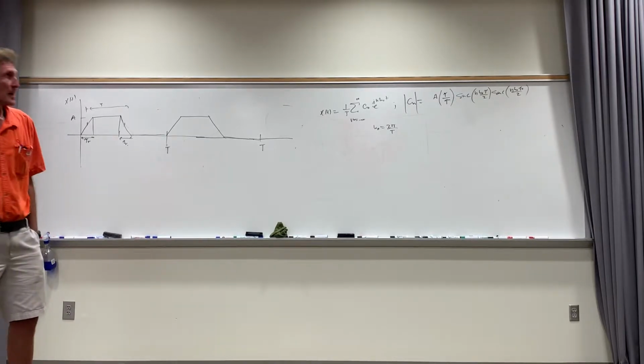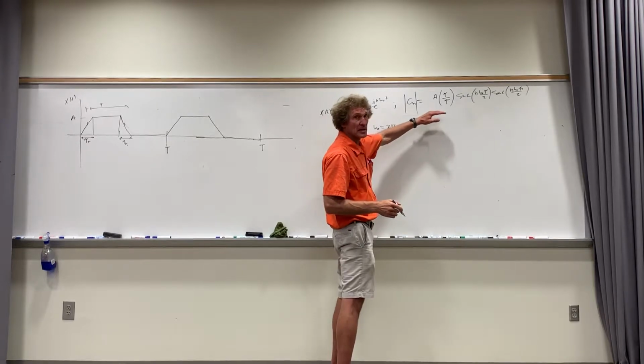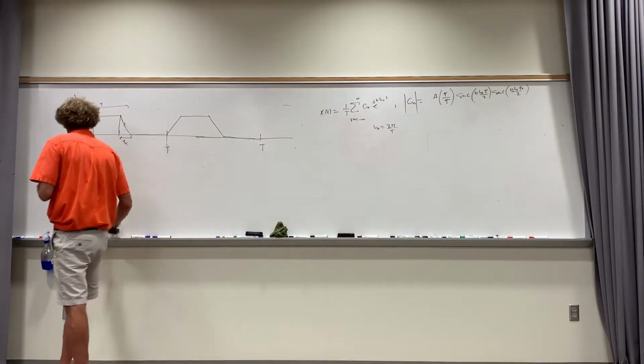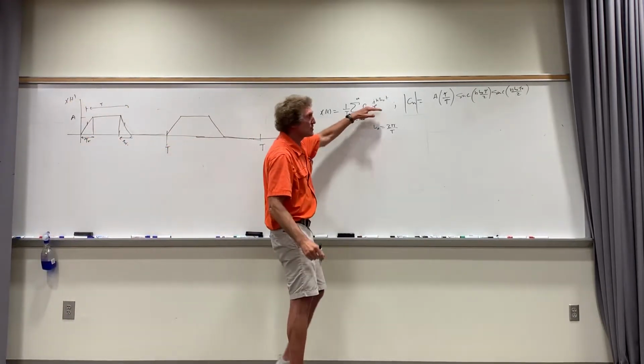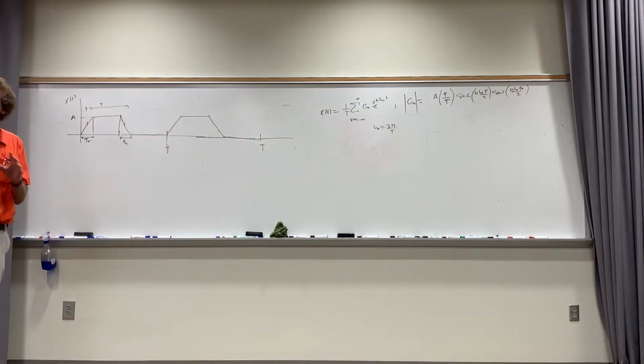All right? Now, this is something I'm going to talk about in a second. But hold on. What I'm going to use is not this series, but the actual cosine series.